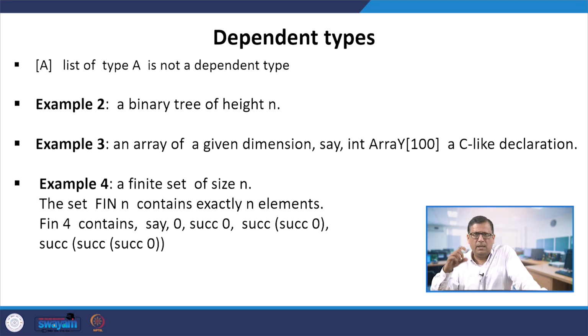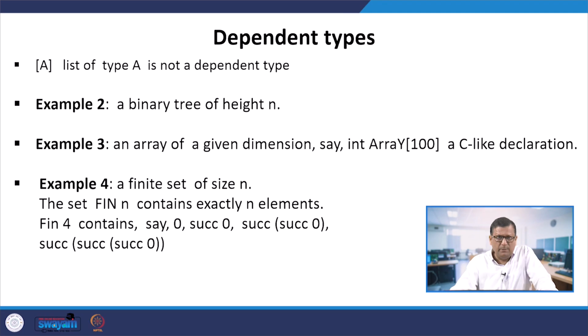We may say that no two subtrees will differ by some length, and that sort of thing can be done. So we are working not on binary trees of integers or binary trees of real numbers, but on binary trees of some type having height something. So height now makes it a dependent type.